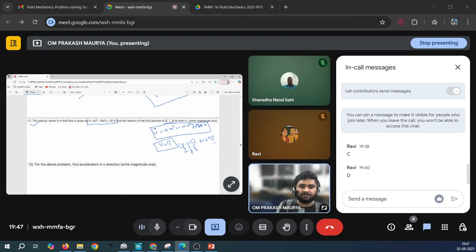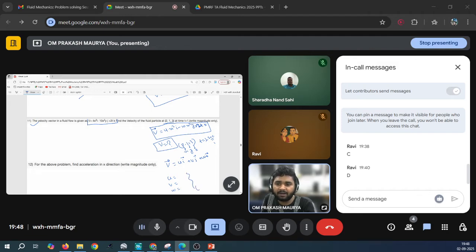So please think on that, how you will calculate. For your easiness, let me write the final expression: U i plus V j plus W k. So from here you can write U is equal to what, V is equal to what, W is equal to what.